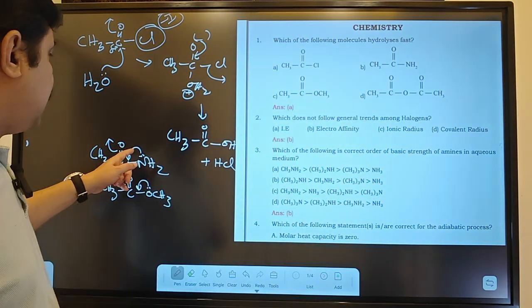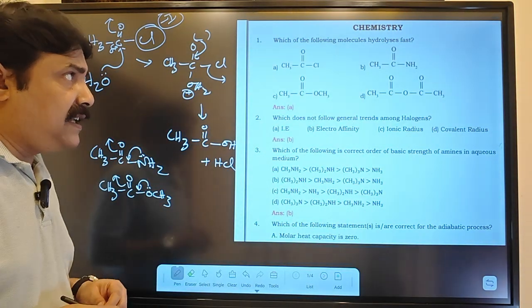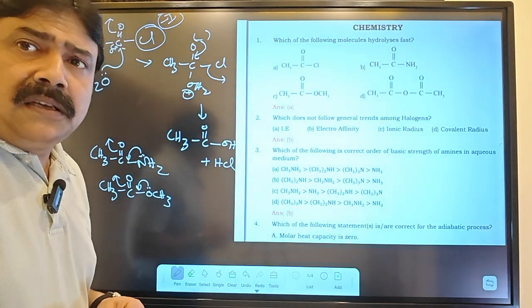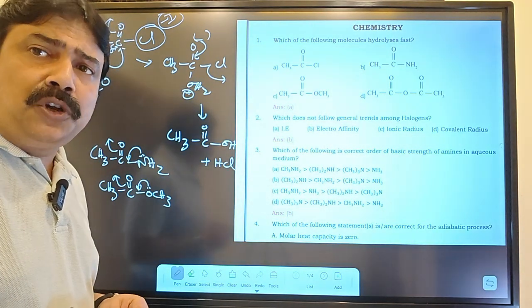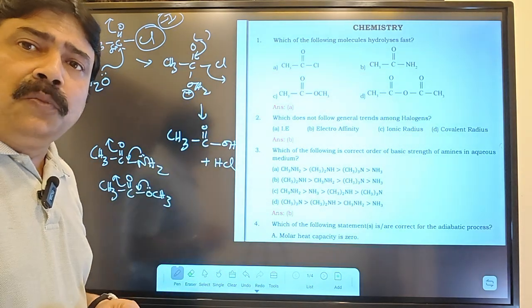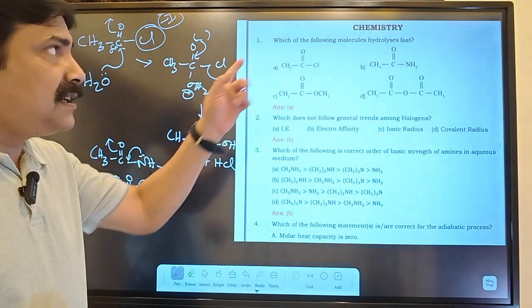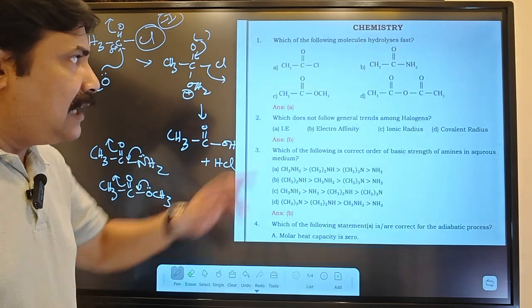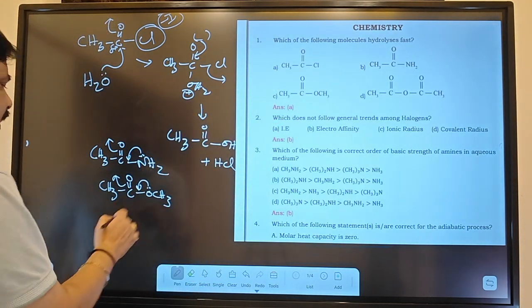So CH3CONH2 will be less attacked by the nucleophile H2O, whereas CH3COOCH3 will be more attacked by H2O compared to CH3CONH2. And option D is acid anhydride.